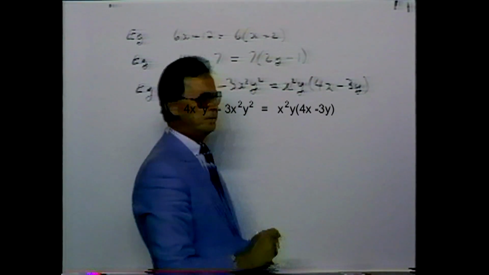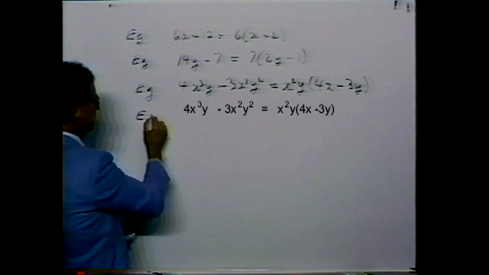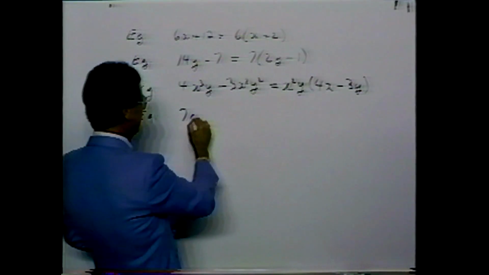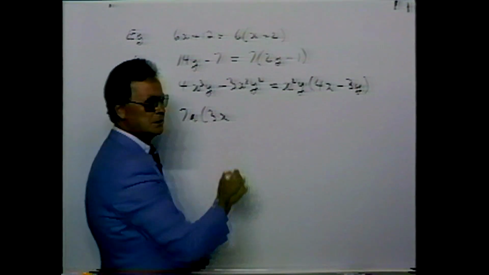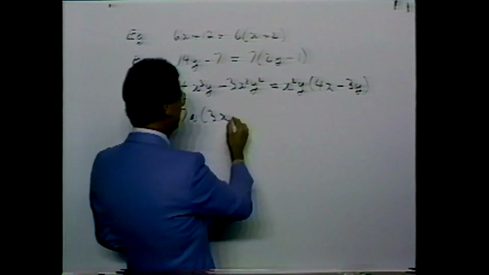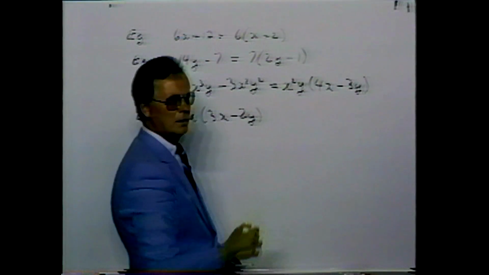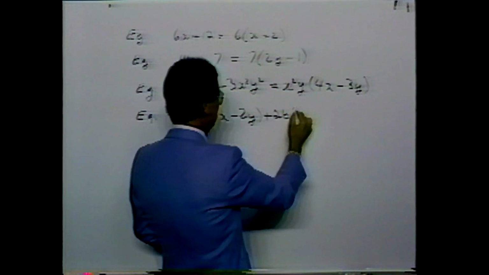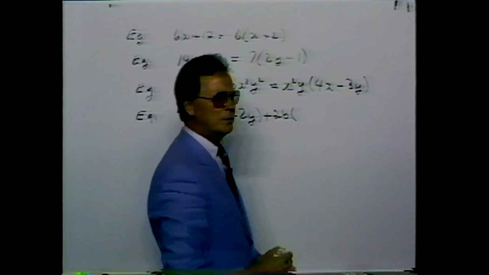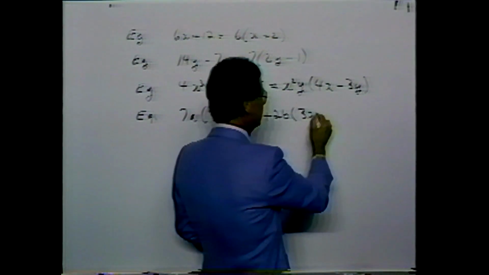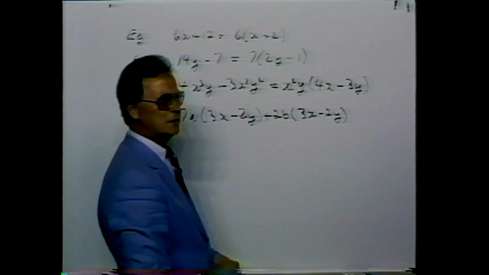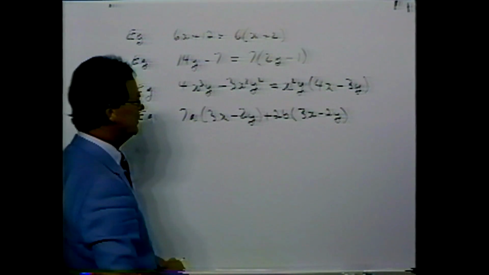Another example, we have 7a times 3x minus 2y plus 2b times 3x minus 2y. This is a slightly more complicated problem.